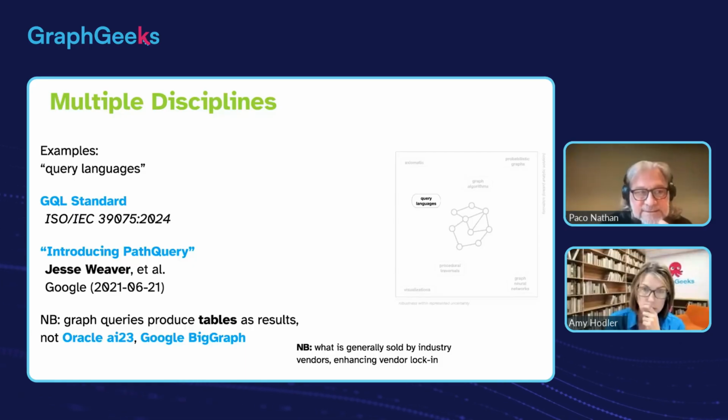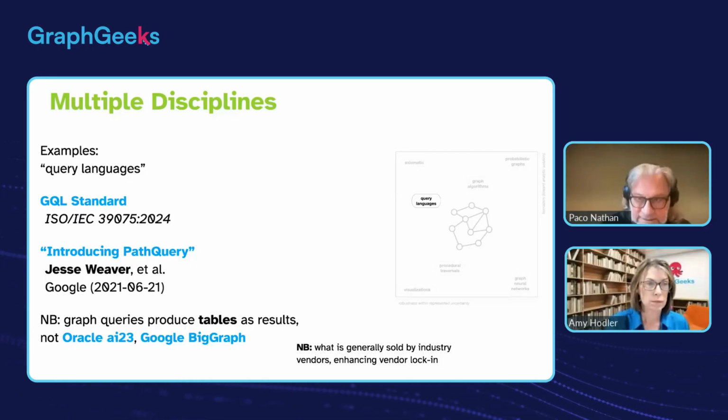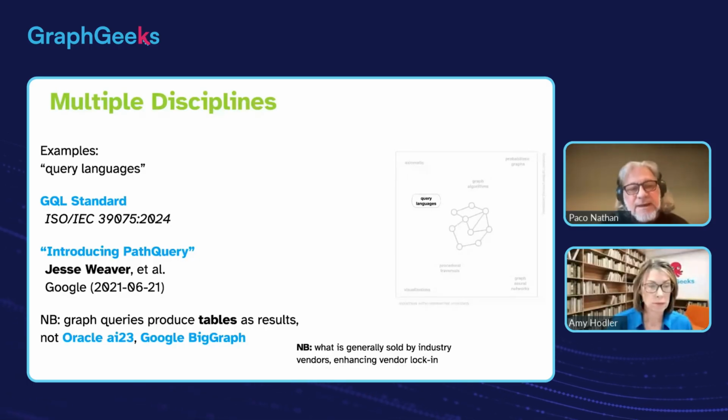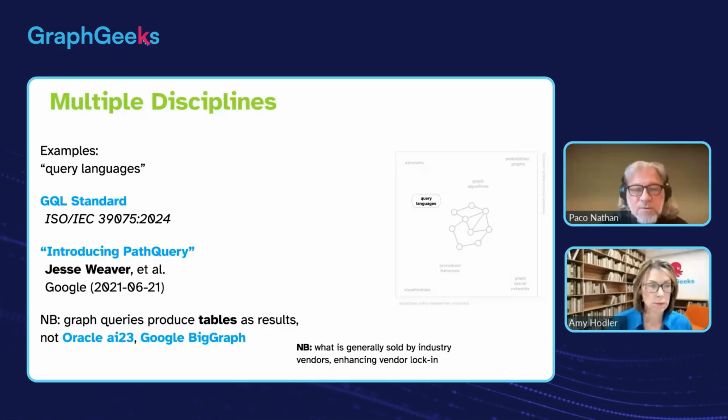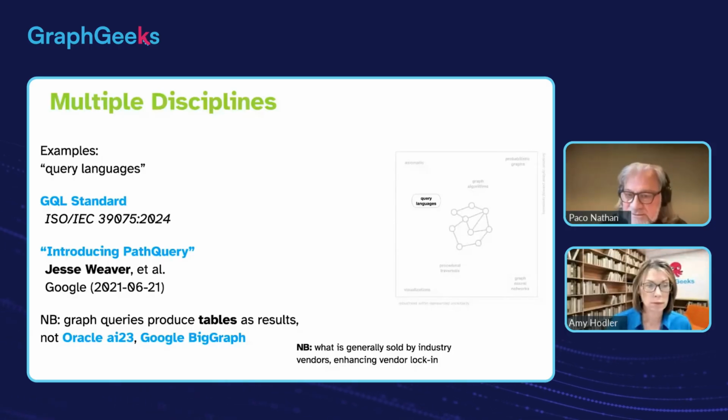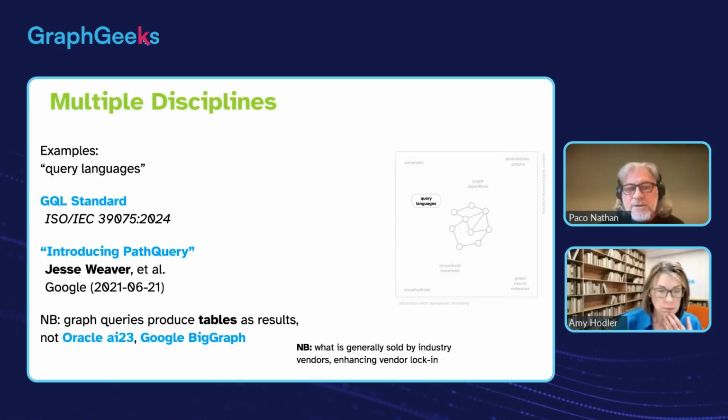I think if you want to see some critiques and you want to hear some counterexamples, I definitely would recommend this paper from Google, Jesse Weaver and company, who did Introducing PathQuery. I think they do a pretty good analysis, as well as making the case for why Google doesn't go in those directions, even though Google does a lot of graph work internally.